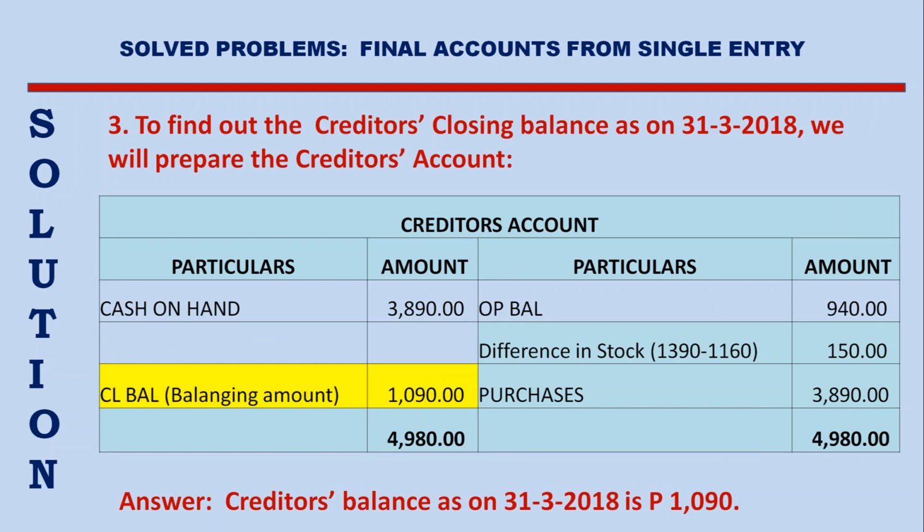3. To find out the creditors closing balance as on 31st March 2018, we will prepare the creditors account. On the credit side, opening balance 940, difference in stock 1310 minus 1160, 150, purchases 3890, total credits 4980.